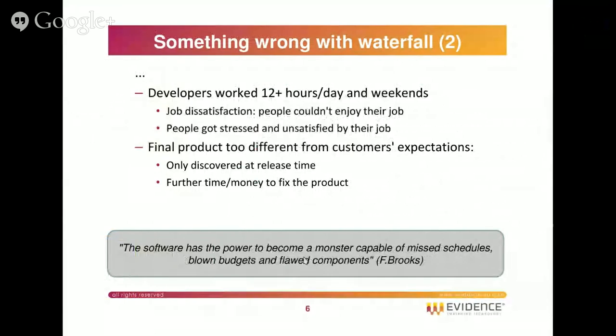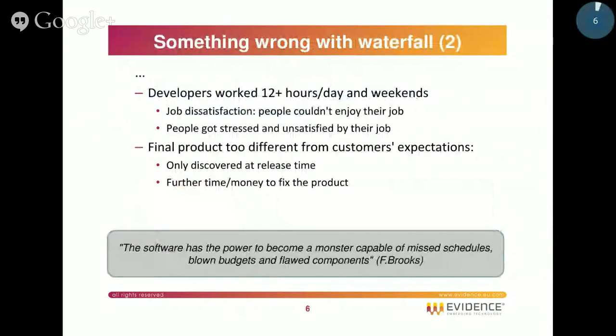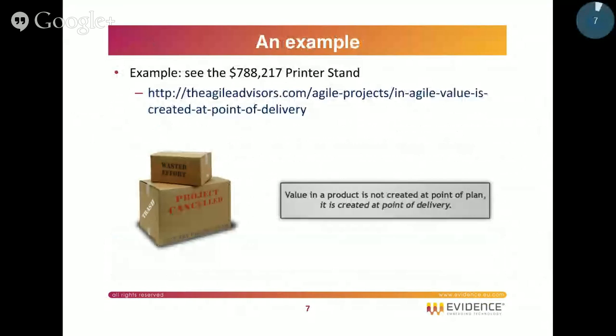The software has the power to become a monster capable of missed schedules, blown budgets, and flawed components. This is another example. You can click and see where it goes. And it was another huge amount of wasted money on a project that was cancelled before the end.